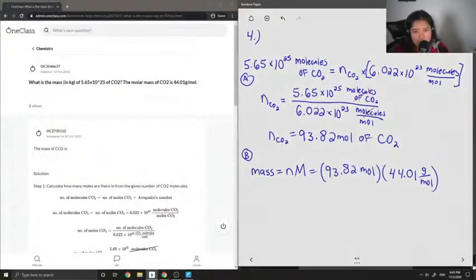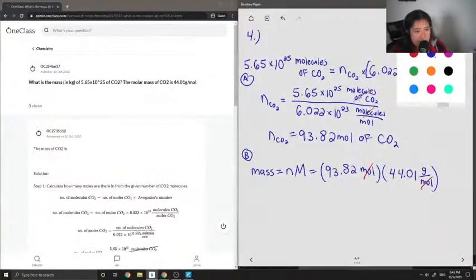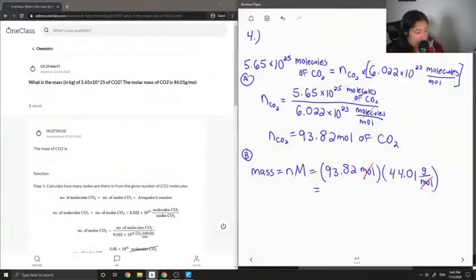And again, you know you did it right if your moles cancel out and you're left with your desired units, which is grams. So we end up with a mass of 4,129.13 grams. And the question is asking, what is this in kilograms?